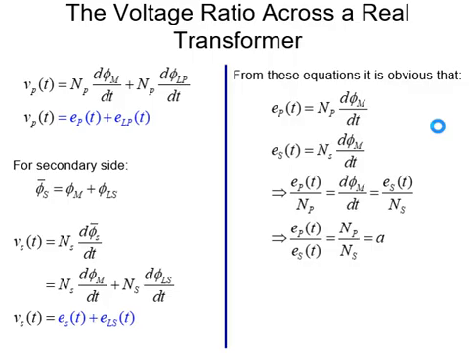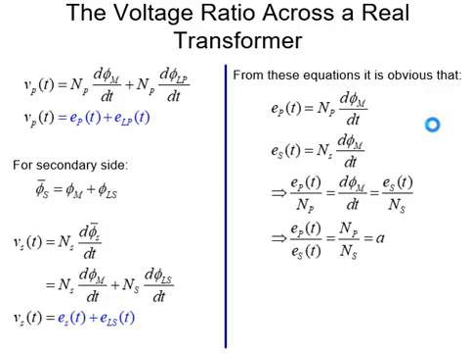From these equations, it can easily be derived that EP(t) is equal to NP into the rate of change of mutual flux. Similarly on the secondary coil.